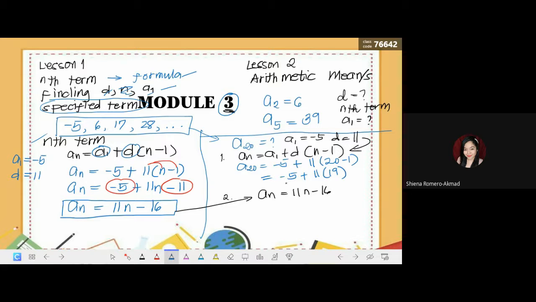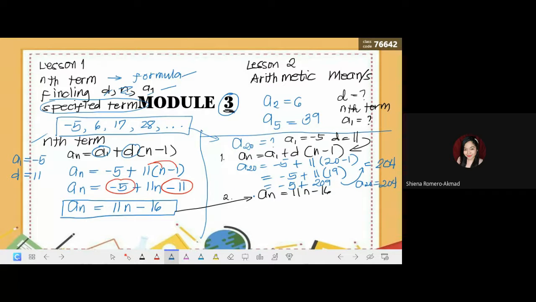What is 11 times 19? 10 times 19 is 190 plus 19, 209. Ayan, 209. Correct. Plus negative 5. So, magiging answer natin dito is 204. Okay, so our 20th term is 204.